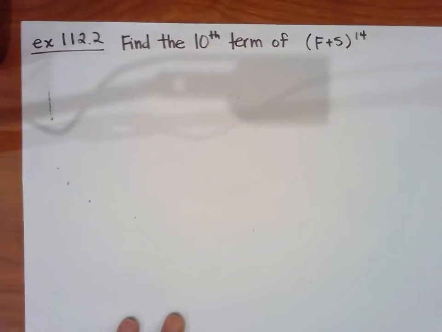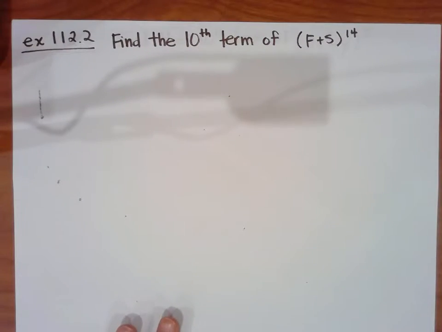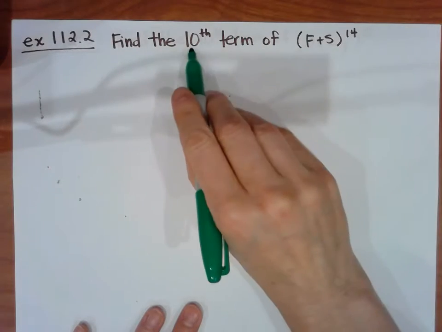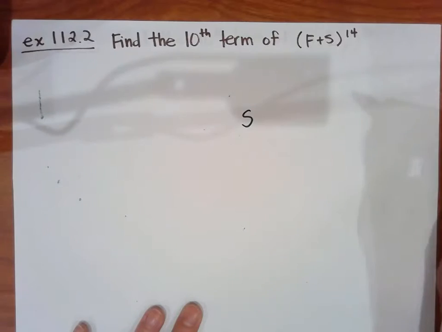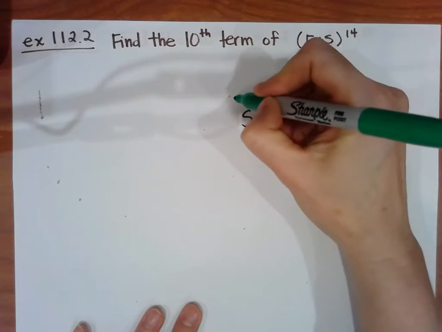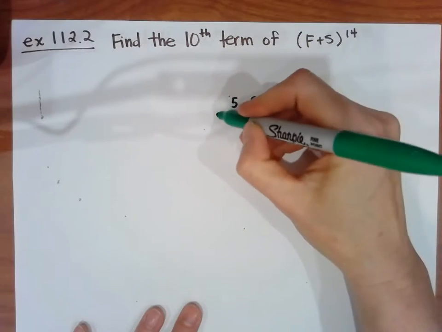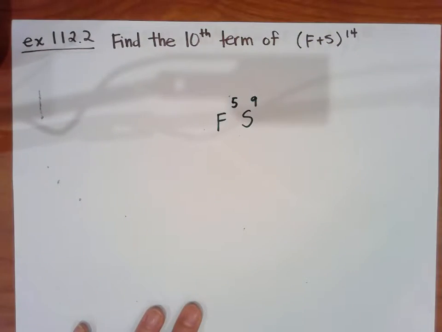Now we want the 10th term of f plus s to the 14th. The 10th term, so that means we're only going to have a 9 as the exponent on the s. 9 plus 5 is 14, so we're going to have an exponent of 5 on the f.